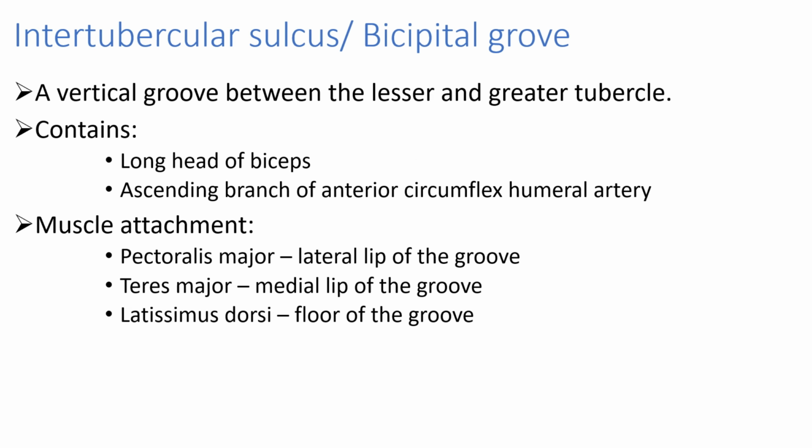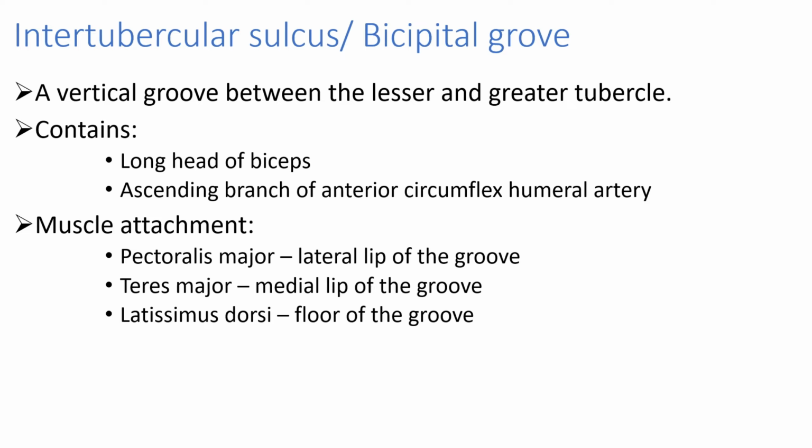Then we have the bicipital groove, or the intertubercular sulcus. This is a vertical groove found between the lesser and the greater tubercle. This is where we have the long head of the biceps and the ascending branches of the anterior circumflex humeral arteries. The muscles that attach at the bicipital groove: pectoralis major on the lateral lip, teres major on the medial lip, and latissimus dorsi on the floor of the groove.